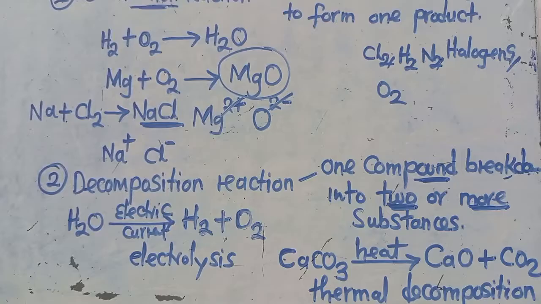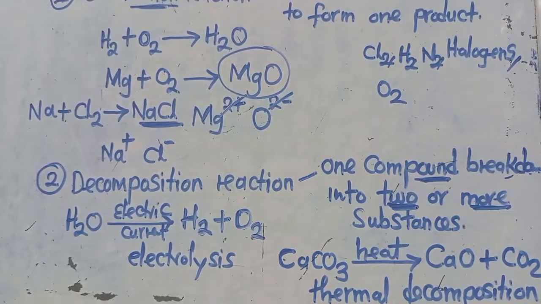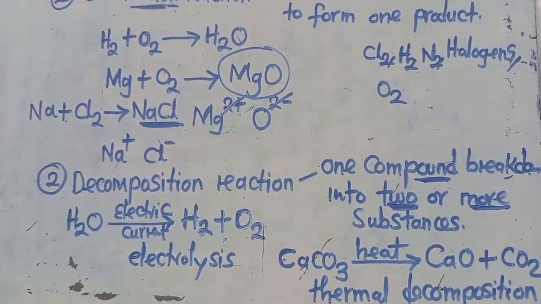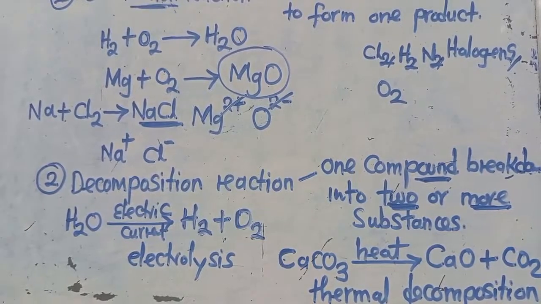And when you go to decomposition, you're able to explain to a person that this is a type of reaction where one compound breaks down to two or more substances. I guess we are able to get this. We are able to understand all these things that I'm explaining to you.